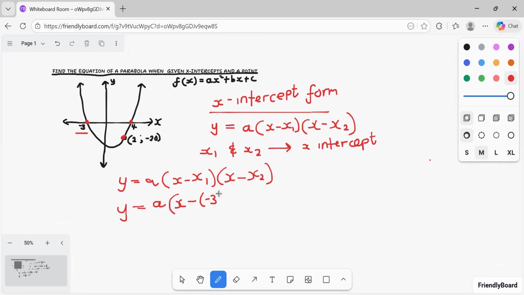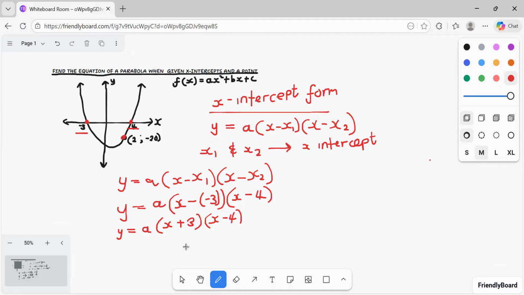Then again I put x, minus x2, which is the second x-intercept, 4, so x minus 4. If I simplify, y is equal to a, open brackets, a negative followed by a negative becomes a positive, so x plus 3, and then x minus 4. Okay, so this is where I am at.